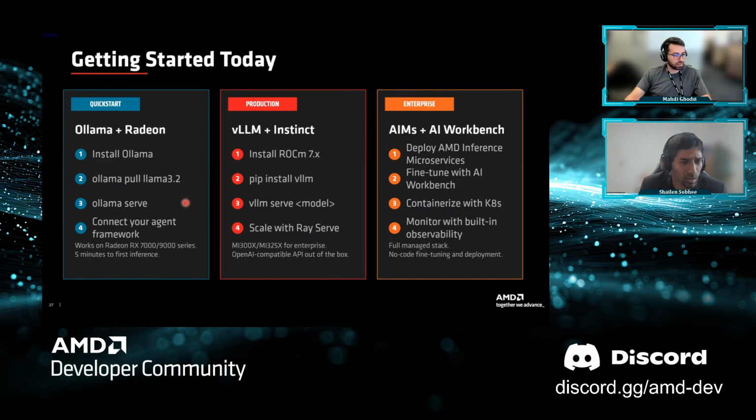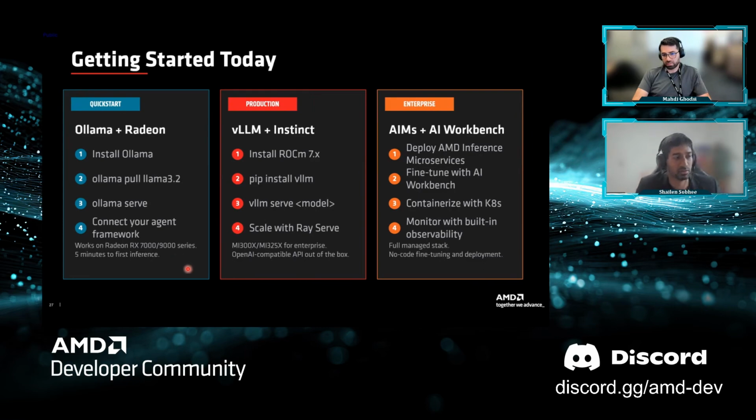As a quick start, you can always develop locally on your laptop. Let's say you have a Ryzen AI machine with lots of memory. Great, you can spawn a model served by Ollama, and there you go. You can connect OpenClaw or MS Agent to Ollama, and you can use it locally as a quick start.